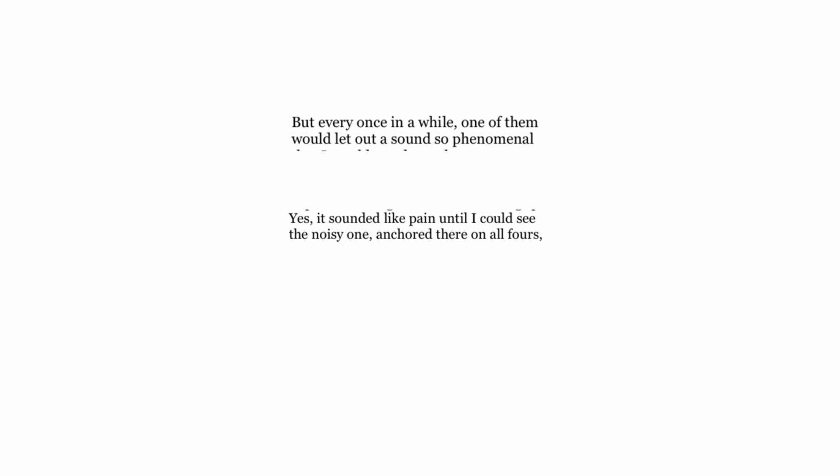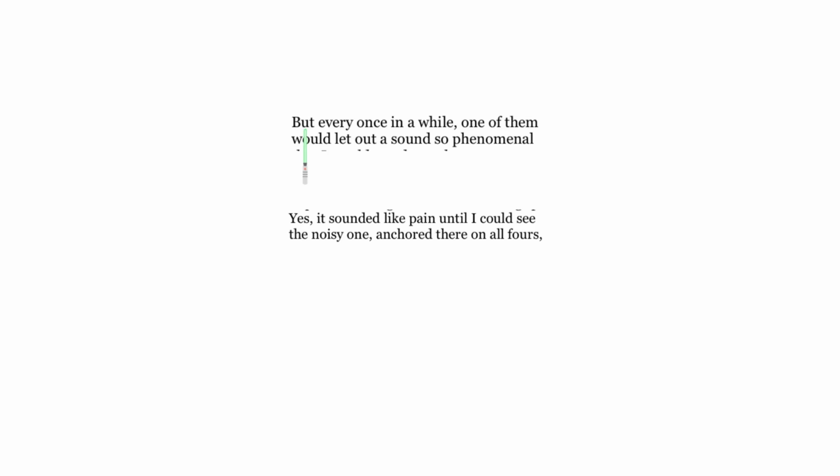"But every once in a while, one of them..." In this moment, in the space between the two lines, the reader is left waiting to find out what one of them does every once in a while. We're expecting there to be a contrast from what's gone before.